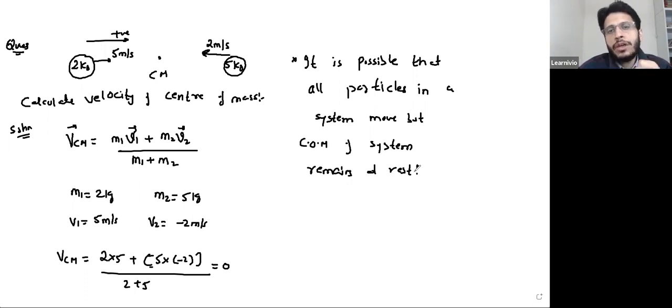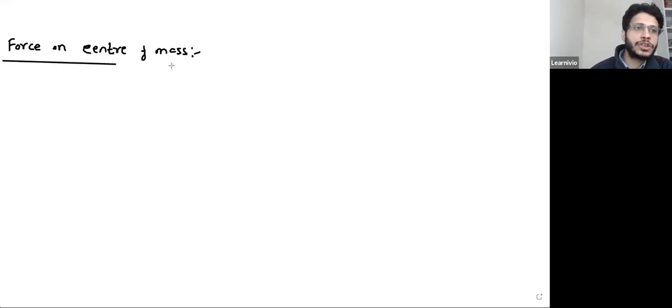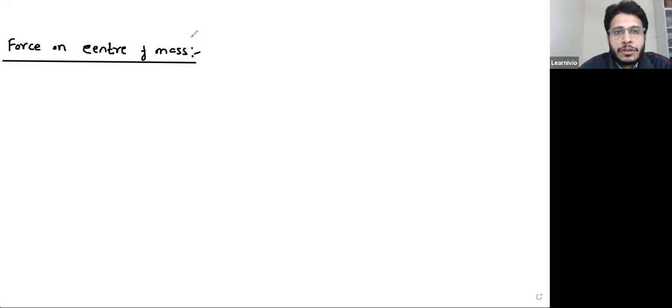Okay, so after knowing velocity, displacement, and acceleration of center of mass, the next thing that we need is the force acting on the center of mass, the concept of force. So force on center of mass. Then we will extend this concept of force to conservation of linear momentum. Force on center of mass.